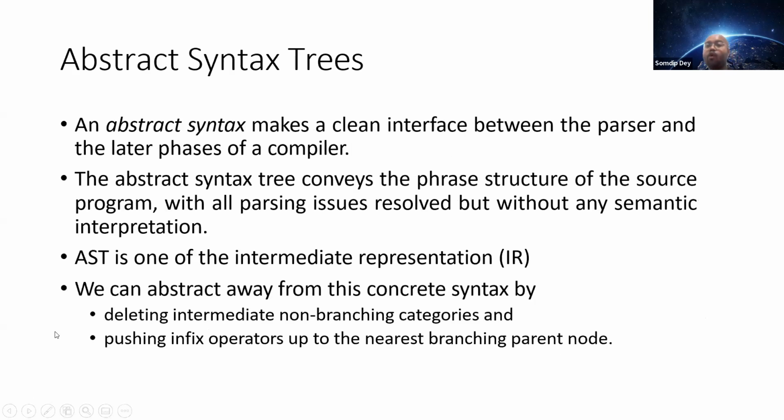On the other hand, you also have the other type of tree, which is the abstract syntax tree. An abstract syntax tree, or AST in short, makes a clean interface between the parser and the later phases of the compiler. Why? Because the AST is basically a compressed version of the concrete syntax tree or the parse tree. The AST conveys the phrase structure of the source program with all the parsing issues resolved, but without any semantic interpretation.